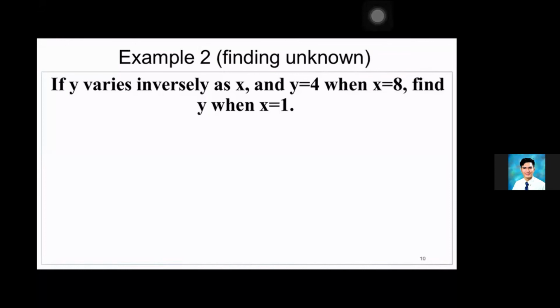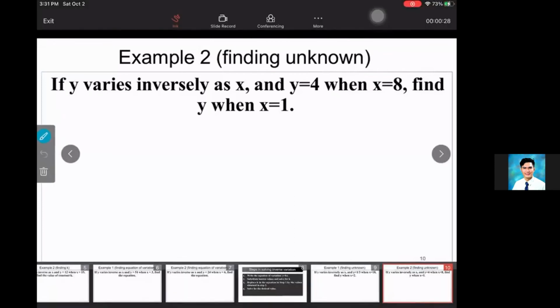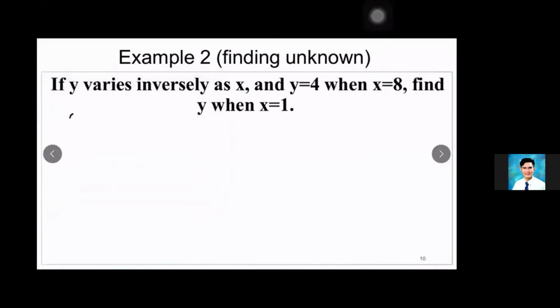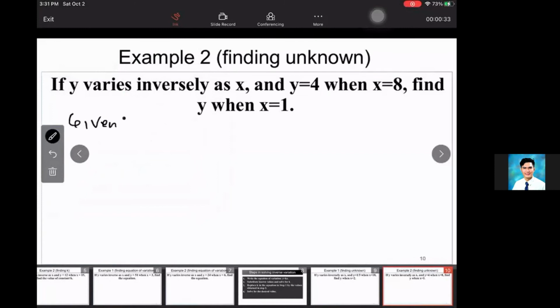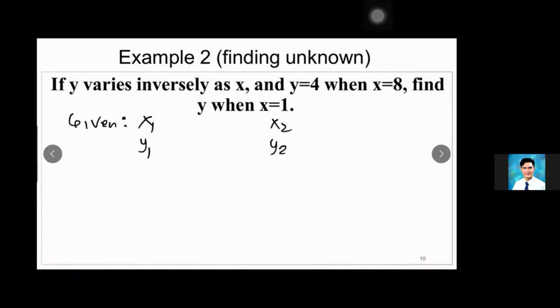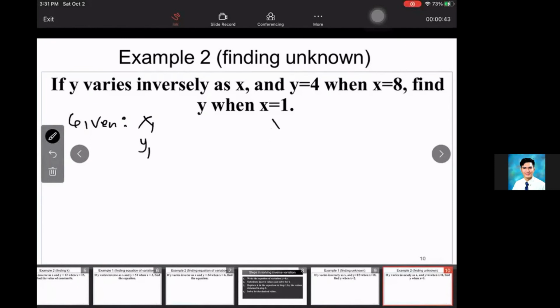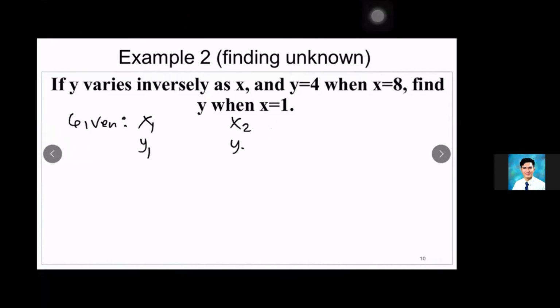Now, let us answer. Always remember, our first step is we need to write the given. We will be given our first set of x sub 1 and y sub 1, and then x sub 2 and y sub 2. According to the problem, y varies inversely as x, and y is equivalent to 4 when x is equivalent to 8.